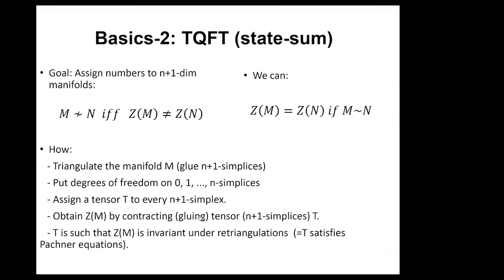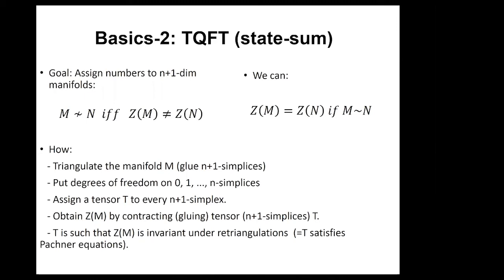So it's basically a functor. This tensor network framework, or this TQFT that I'm describing now, as described in the previous talks, is a functor from the category of bordisms to the category Vect. It becomes a TQFT when this tensor T is such that the number we calculate is invariant under retriangulations, because retriangulating a manifold does not change its topological properties.